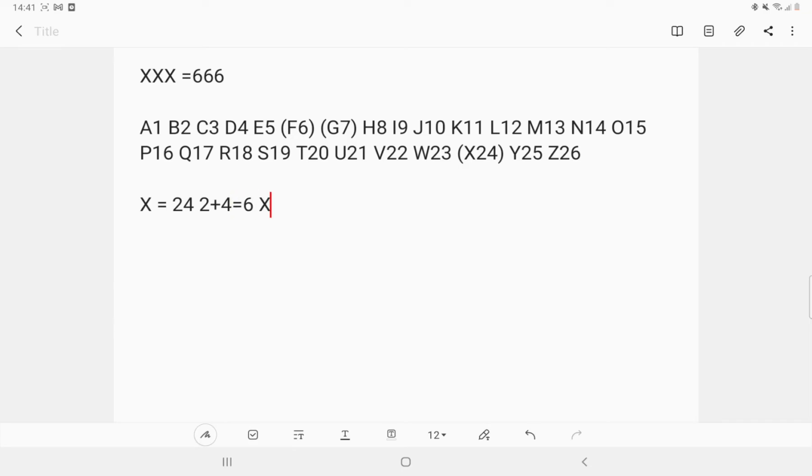So that means X equals 6. Okay, so that's the first one. Now we're going to do another one as well. So of course O, we'll put this in brackets as well because this is an interesting one. Okay, so we've got X equals 6. So when you see X, it equals 666, the number of the beast, right?